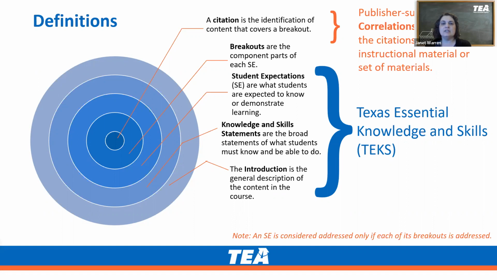A citation is the identification of content that covers a breakout. The TEKS correlation is a document that contains all the citations submitted by a publisher for an instructional material or set of materials. A student expectation is considered addressed only if each breakout within the SE is addressed.